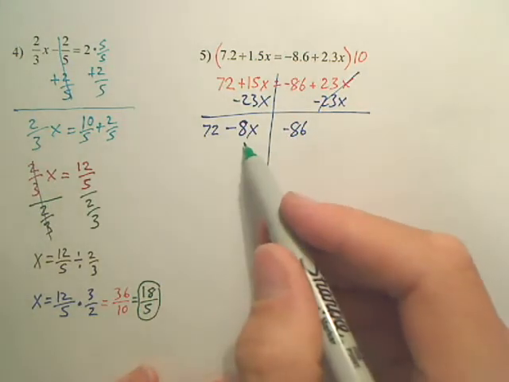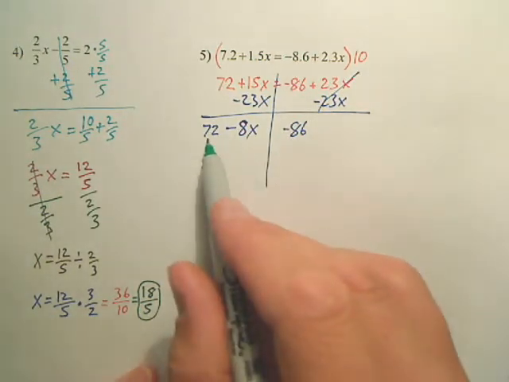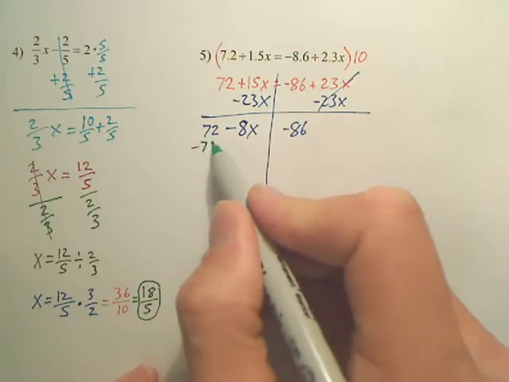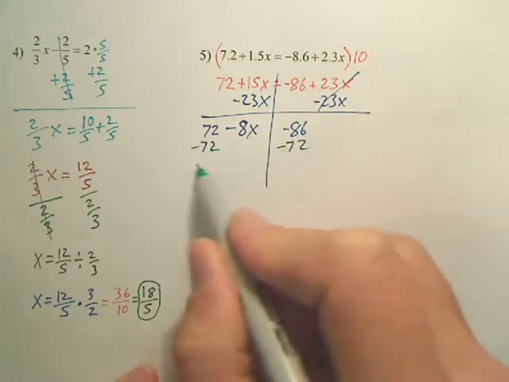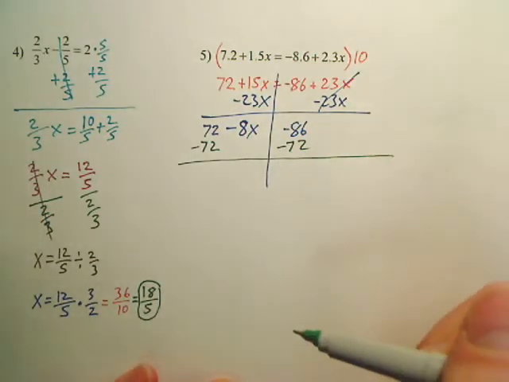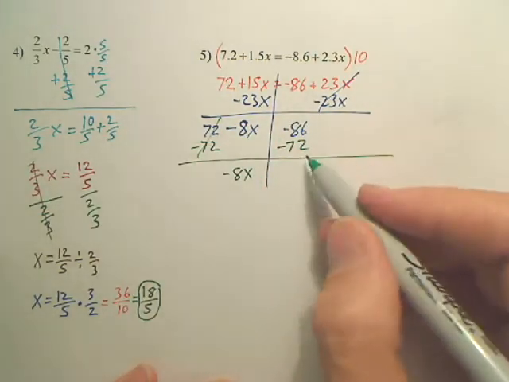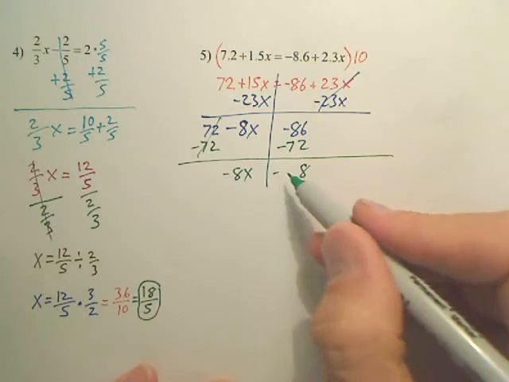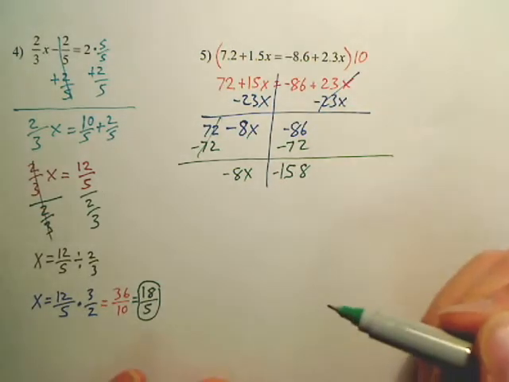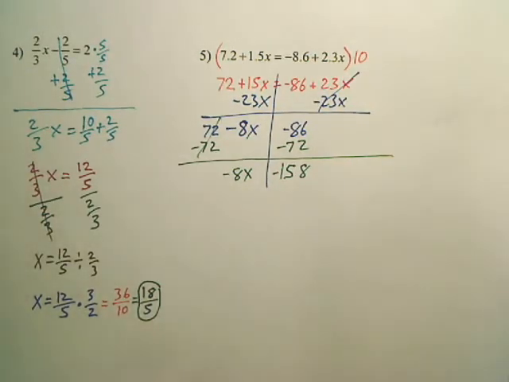The x's all on the left. So I need to move this positive 72 over. So I'm going to minus the 72. I hate big numbers like this. Gone. These two give you negative 158, it looks like. Getting some big numbers.